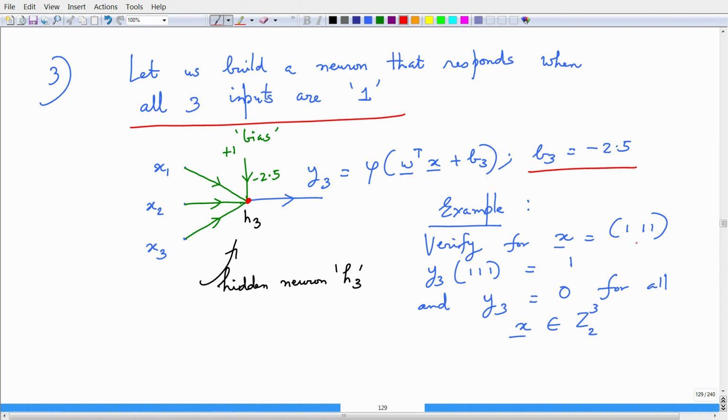When x equals 1 1 1, the tuple is 1 comma 1 comma 1, then we can get the signal to be 3 as a result of the dot product of the input with the weight, and then I add the bias minus 2.5, I have 3 minus 2.5 which is positive, and I get a 1, and you can easily verify that for the rest of the inputs I have an output which is 0. Okay, this is straightforward.